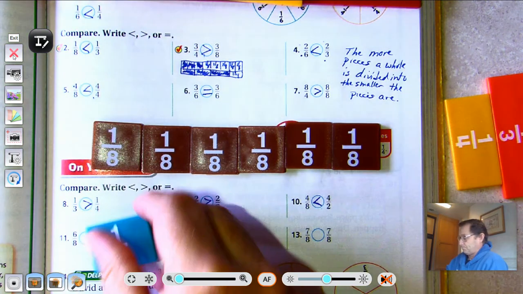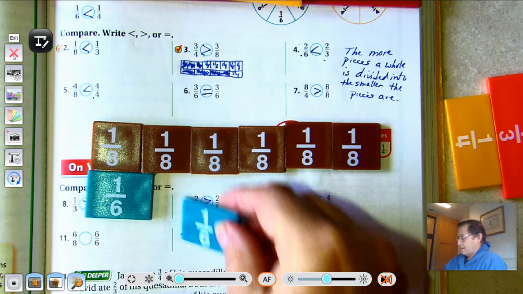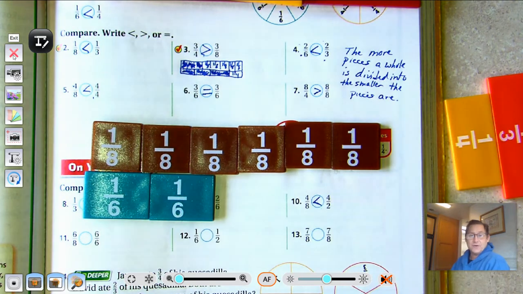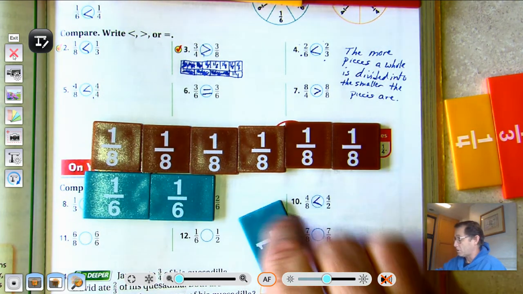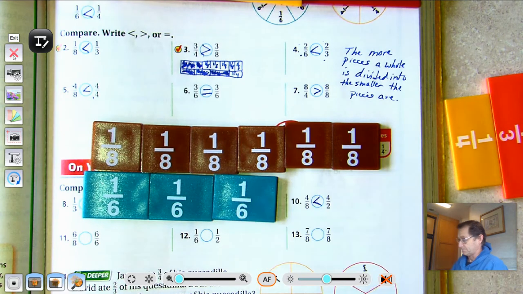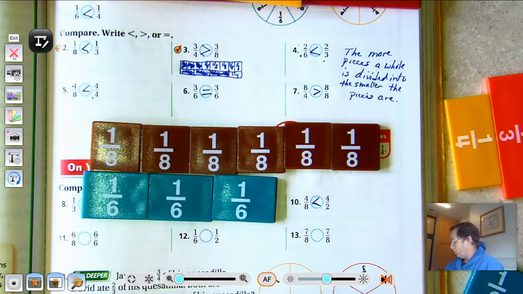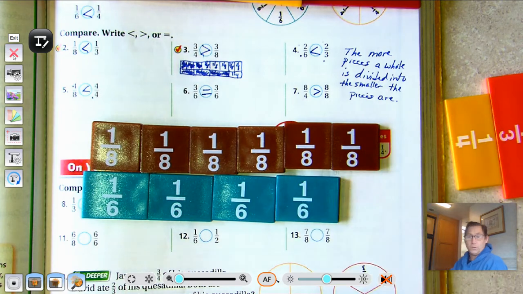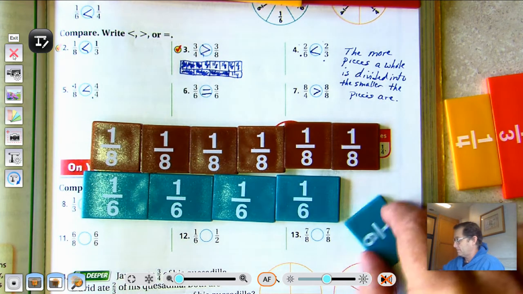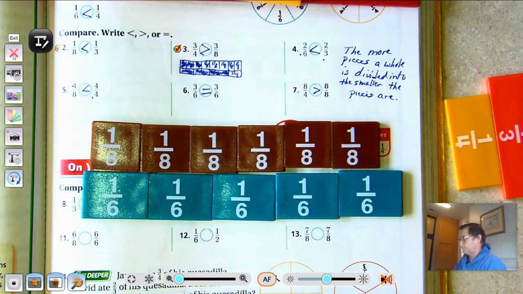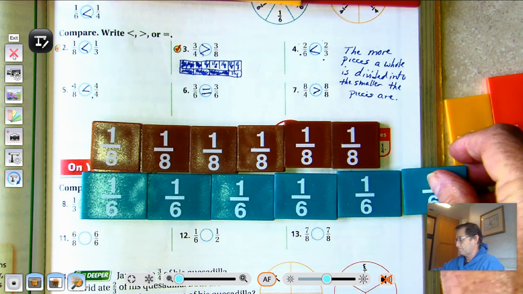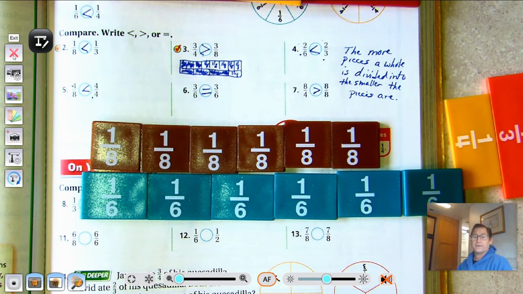Well, as I'm setting these down, I notice that the 6th size pieces are larger than the 8th size pieces because there are more 8ths in the whole. Okay. So 6/6 is bigger than 6/8.